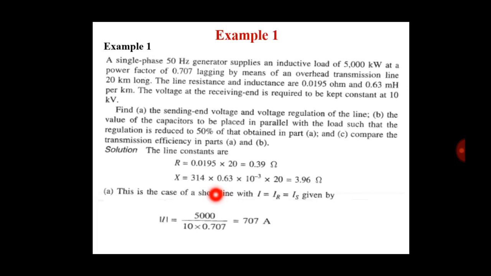So P is 5000 kilowatt, and the voltage is given as 10 kilovolt. So put the values of V and cos phi here, and the current becomes 707 ampere.